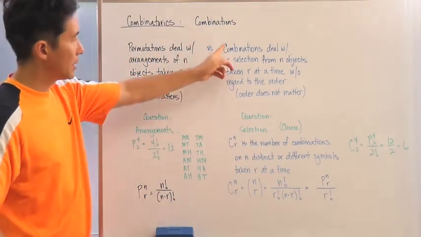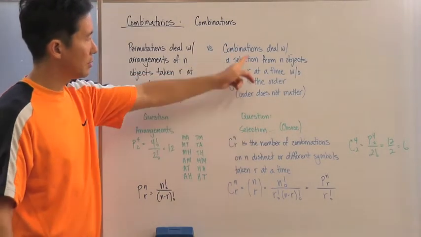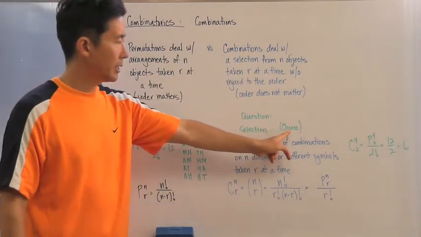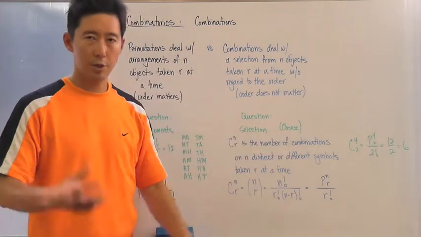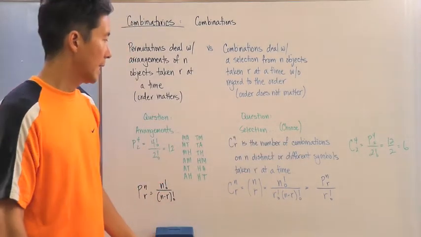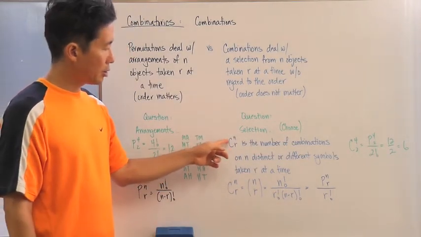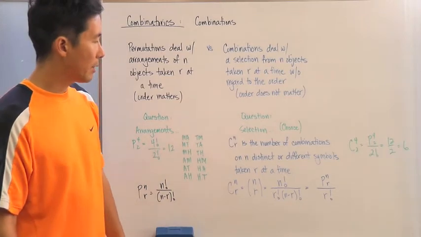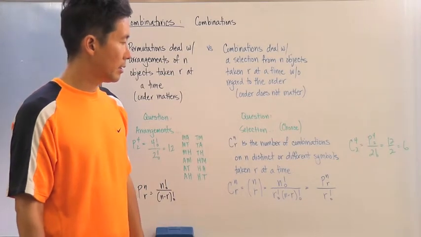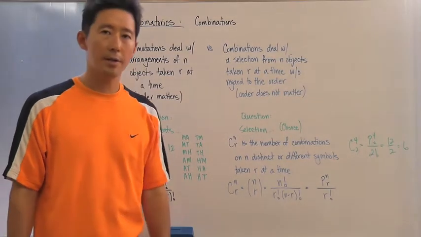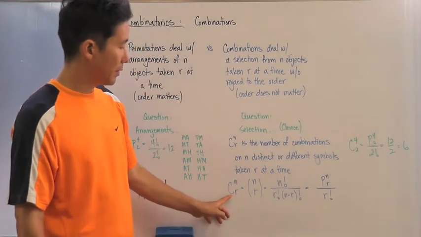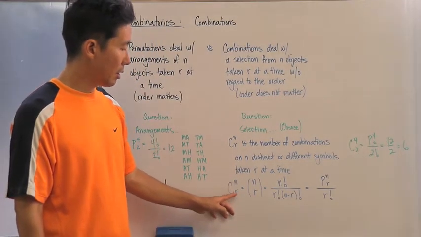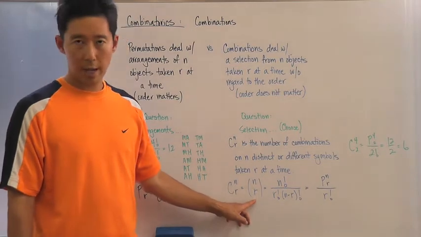So remember that when we come to combinations, we're dealing with selection and therefore we're using the choose function. So we said that n choose r is the number of combinations of n distinct or different symbols taken r at a time. And we use this shorthand.